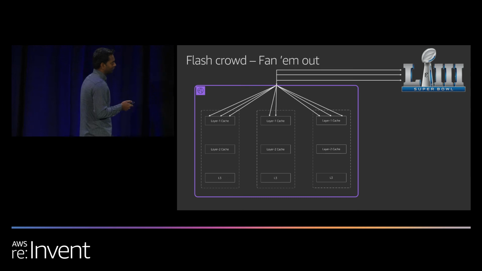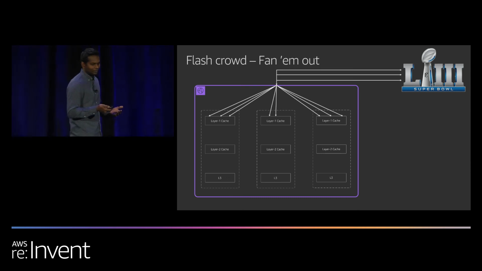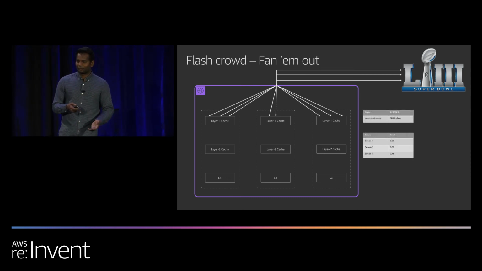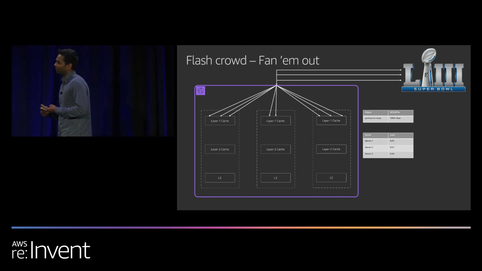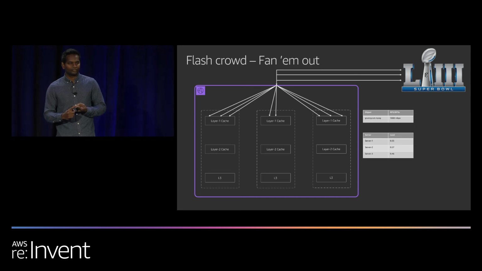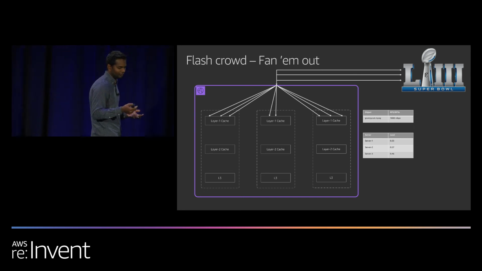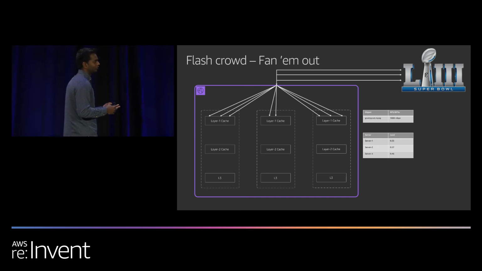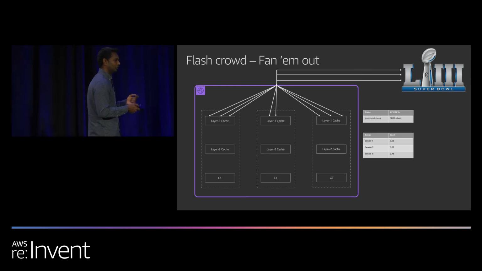So to avoid this, we augmented our consistent hashing algorithm with a little bit more data. We gave it two properties. One is to track the popularity of the object that each L1 server is serving. And the second one is we also taught the L1s to learn about the load of each L2 server.